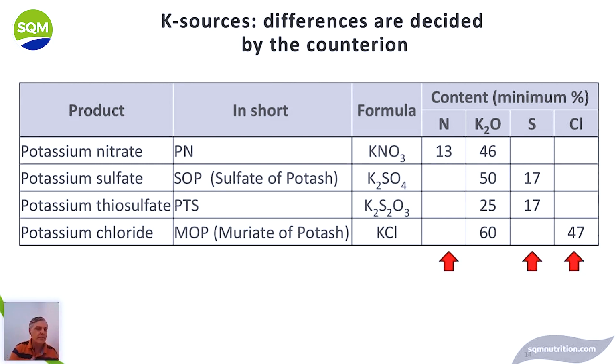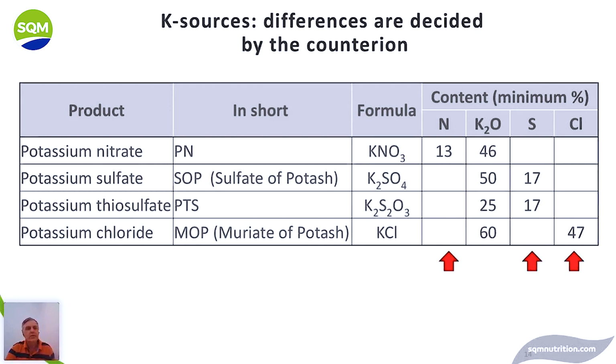For example, let's compare the potassium sources, as potassium is the nutrient most required by citrus crop. If you look at the potassium sources, we will see that from the chemical point of view, there is no difference, because in all potassium sources, the potassium is present and expressed as K2O, potassium oxide. So potassium is in the same chemical form. So there's no difference for the potassium.